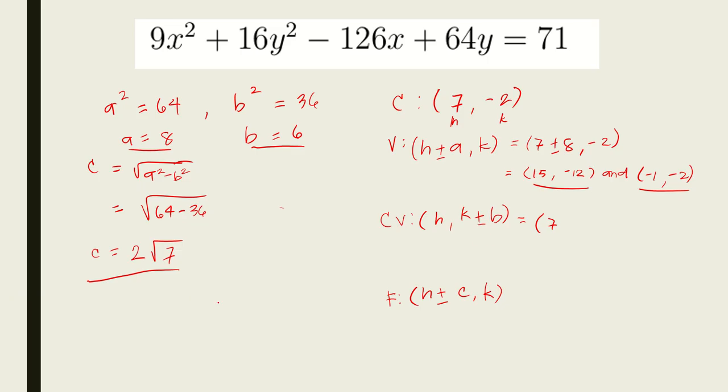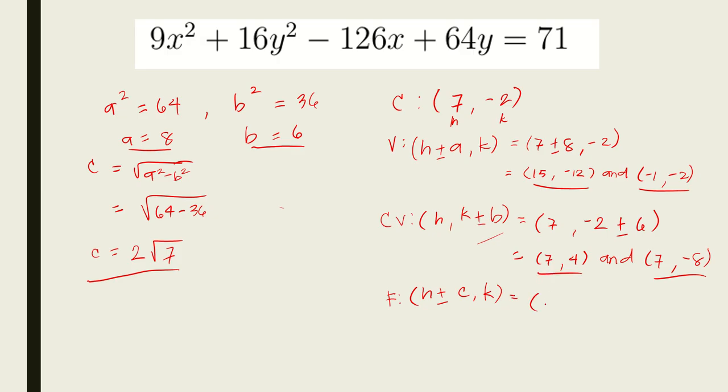For the co-vertices, that is 7, comma, the k, negative 2 plus minus the b, which is 6. So this is how we do that. Bring down the 7, comma, negative 2 plus 6 is 4, and 7, comma, negative 2 minus 6 is negative 8. Therefore, these are the 2 points of the co-vertices.